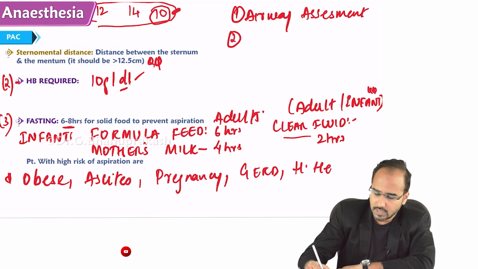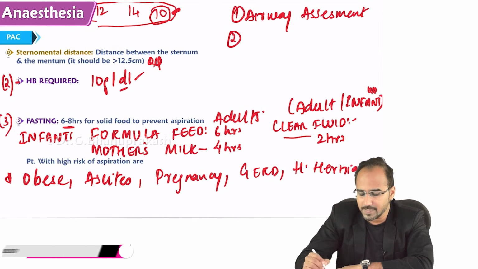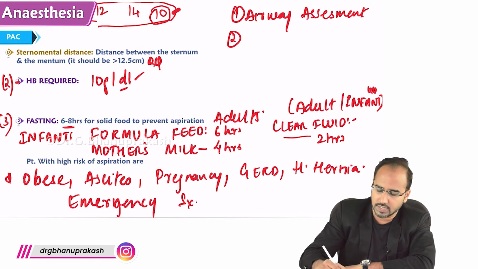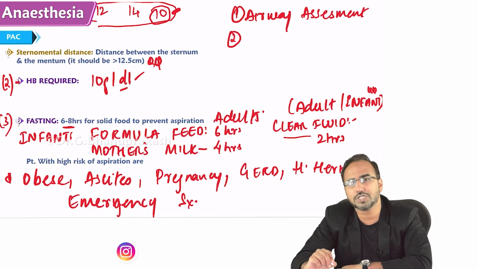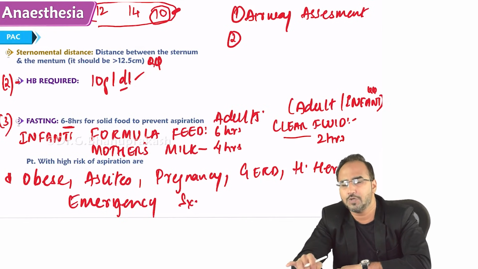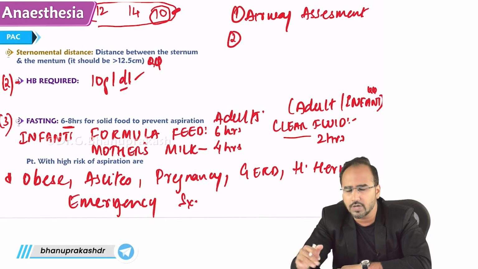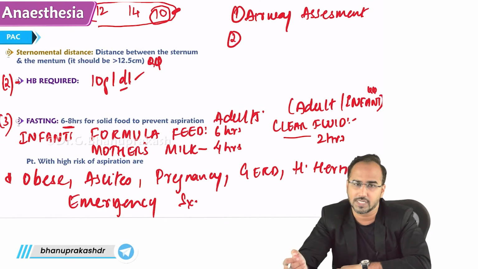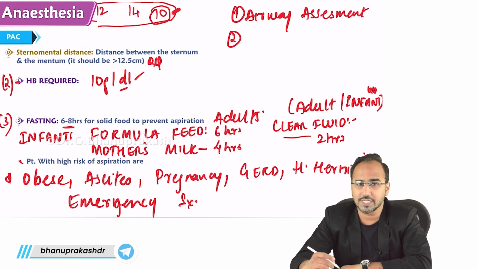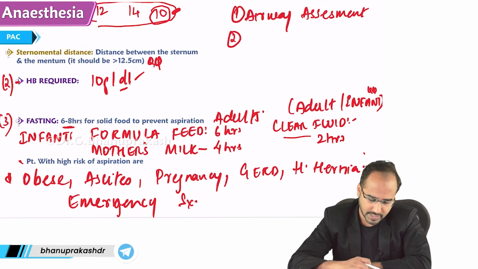Next, hiatus hernia. These patients are at risk of aspiration. Apart from that, emergency surgery. All these patients are at risk of aspiration. We'll discuss later how you will intubate these patients, and how you will go for general anesthesia in these patients.